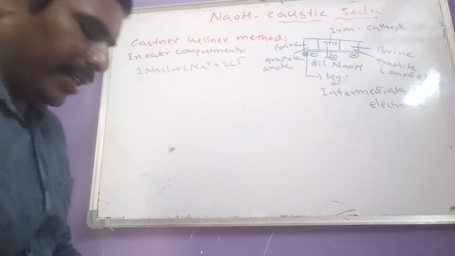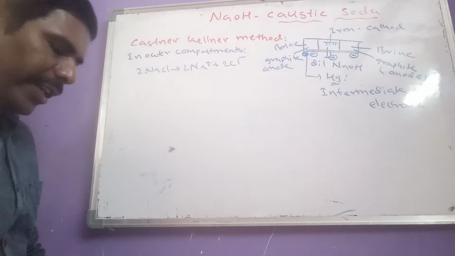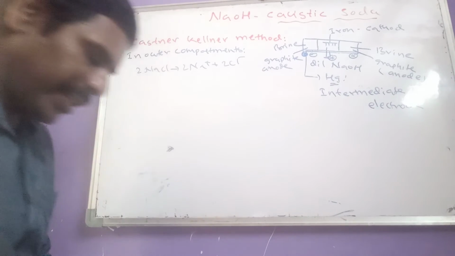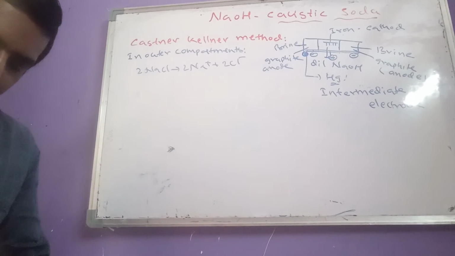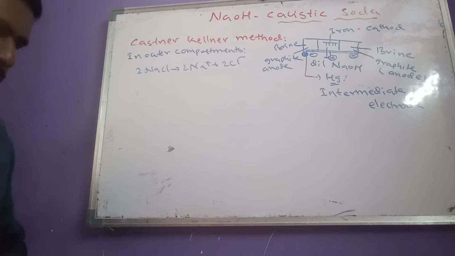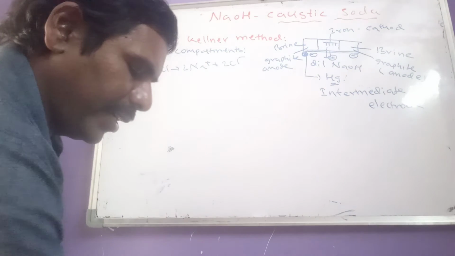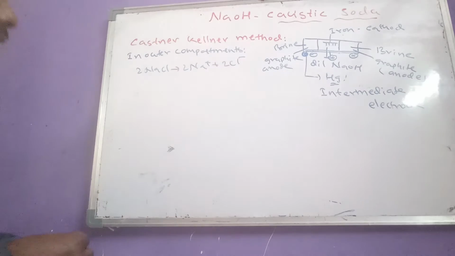As in the case of the electrolysis method, here also the NaCl present in the outer compartments undergoes electrolysis to give Na+ ions and Cl- ions.